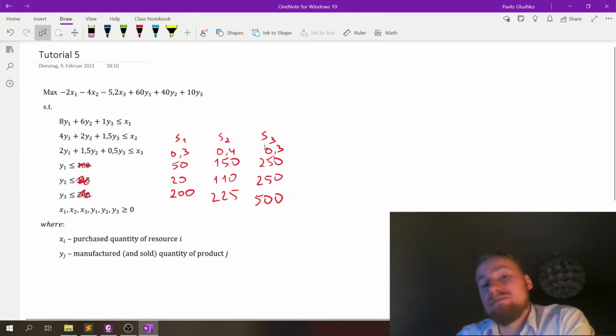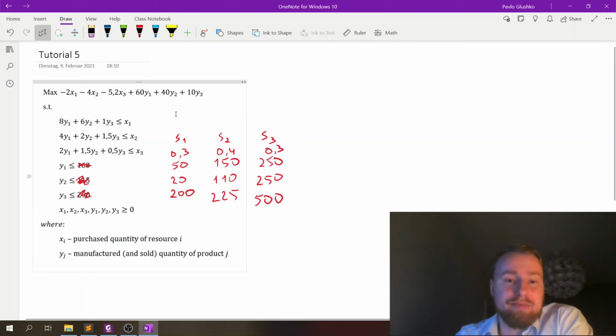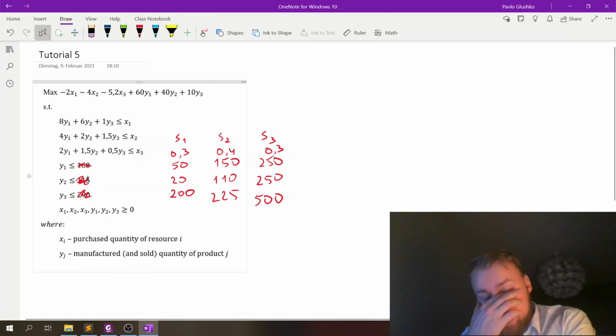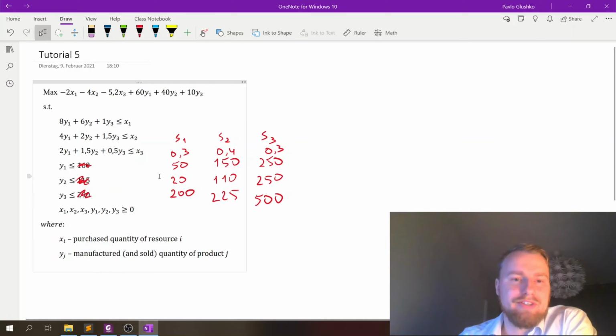And in this stochastic version of the problem, these constraints have a stochastic right-hand side. So the demand is stochastic, and I have listed these scenarios here.